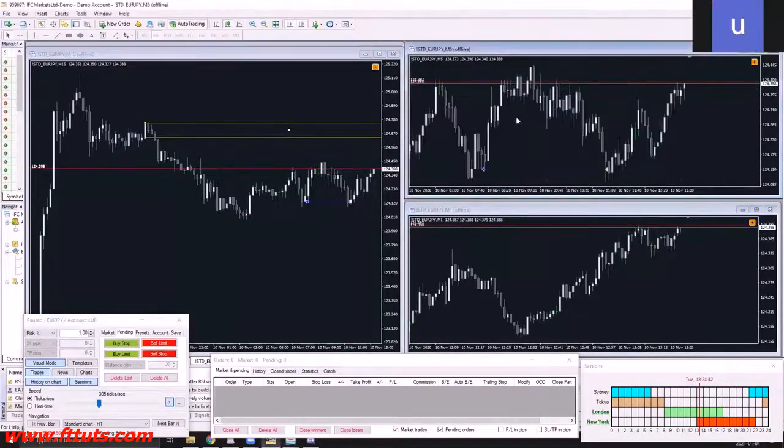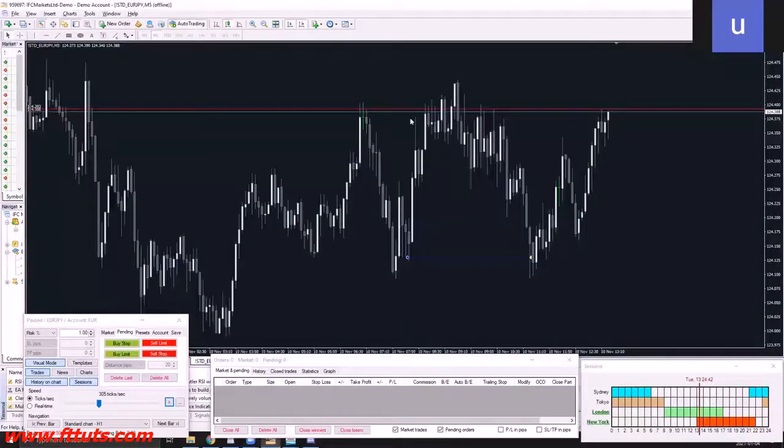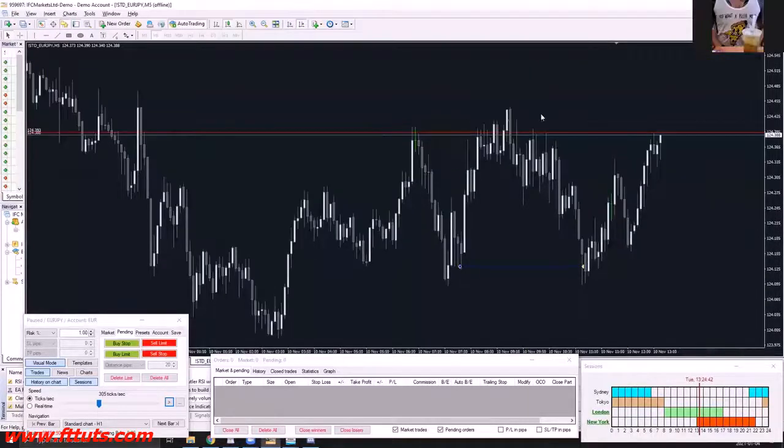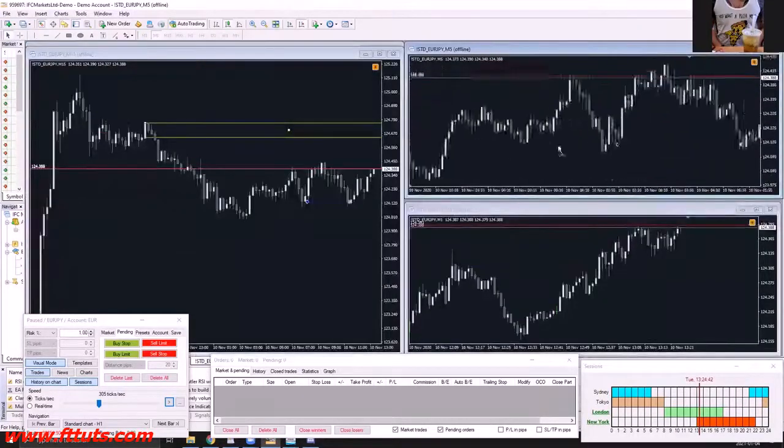Sorry, continuation short or long? Which one? Let me see. Kind of messy there. Yeah, it's very messy. If anything, what I would do is look for these equal highs taken out and then maybe short. Let's see what price does though.